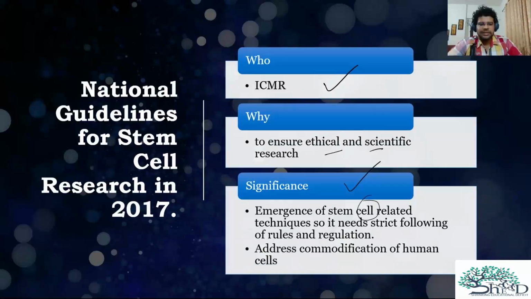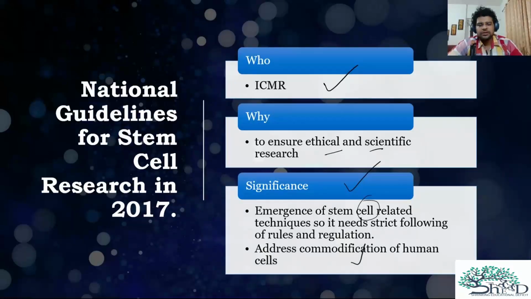All right. So basically stem cell biology has emerged as an important area of the biomedical field. It has a lot of potential, especially in disease cure, and so there is a scientific reason that we need to have updated research guidelines. These guidelines also address the commodification of human cells, and more precisely the commodification of embryos.